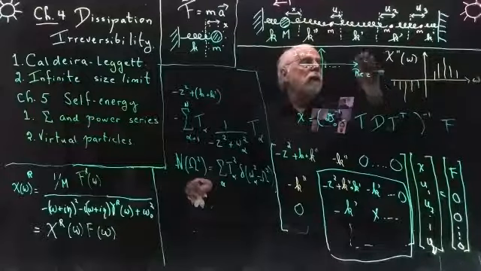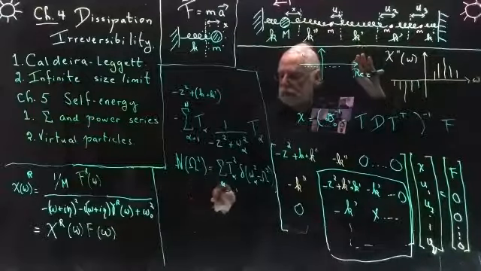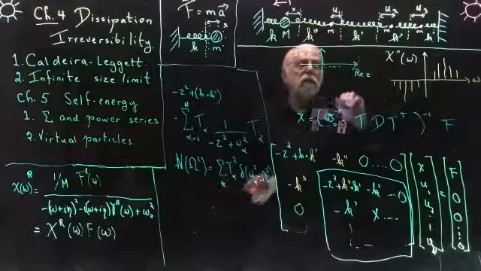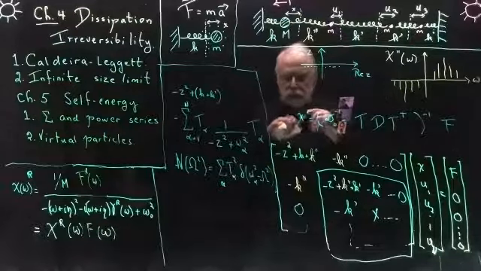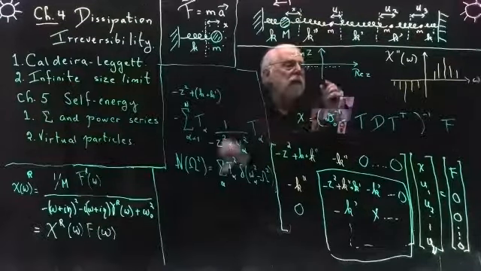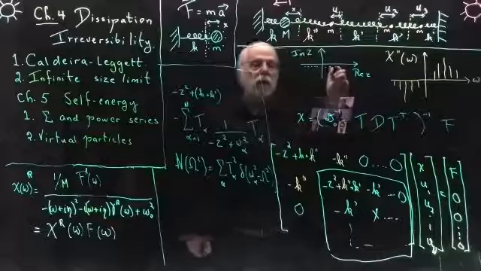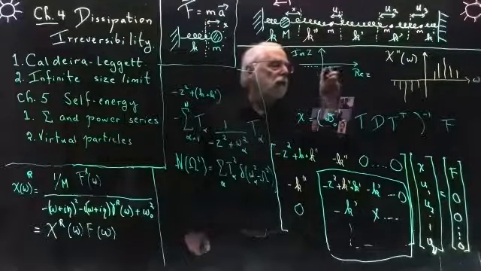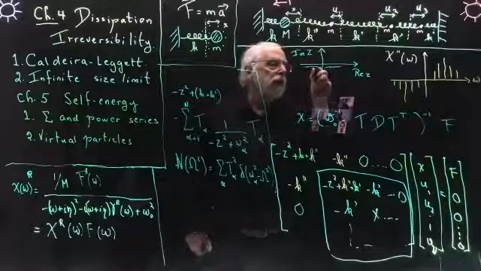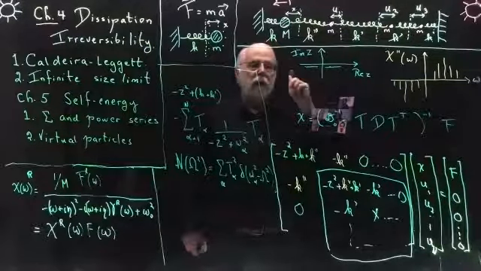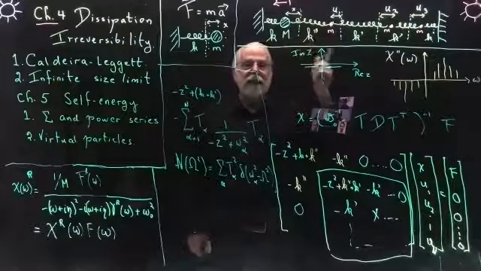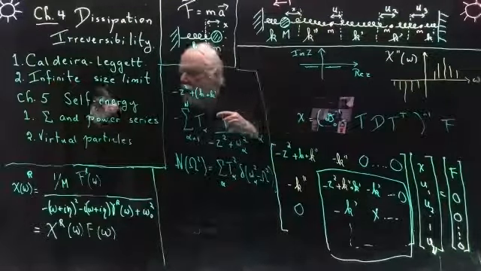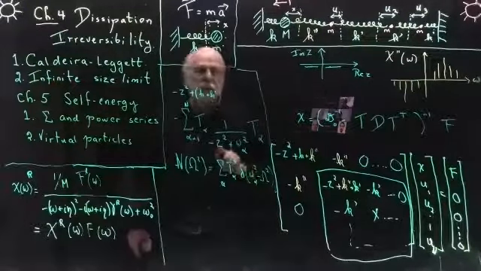So I want to take this infinite size limit. This becomes an integral. What happens when this becomes an integral? Instead of having a discrete set of poles, I will have a branch cut. These poles all get together. What's important is I take the infinite size limit before I take the eta goes to 0 limit.